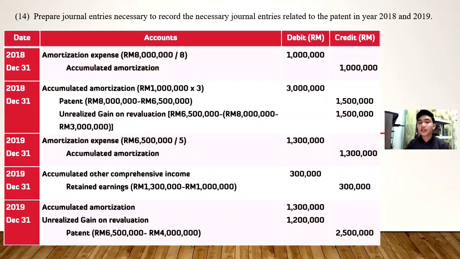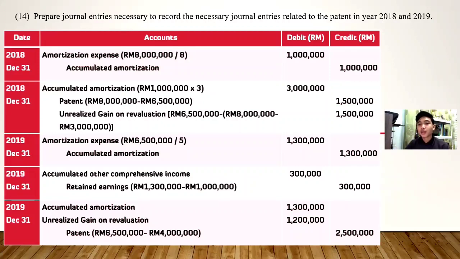Next, 31 December 2018, we debit the accumulated amortization 1 million multiplied by 3, which is from 2016, 2017 and 2018. And we get 3 million for the debit.